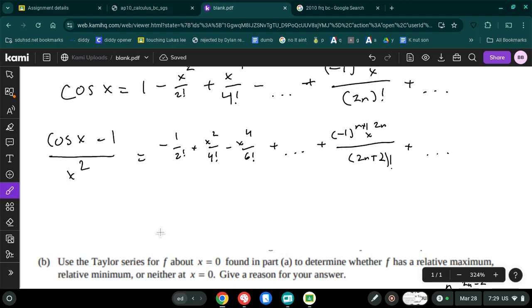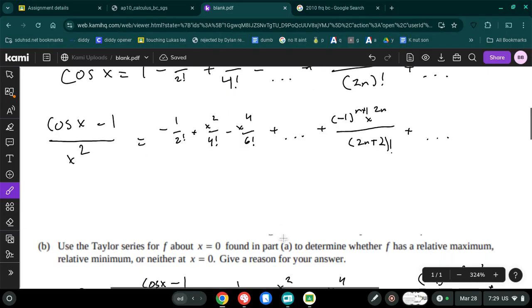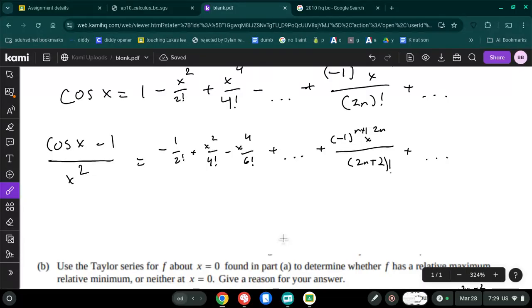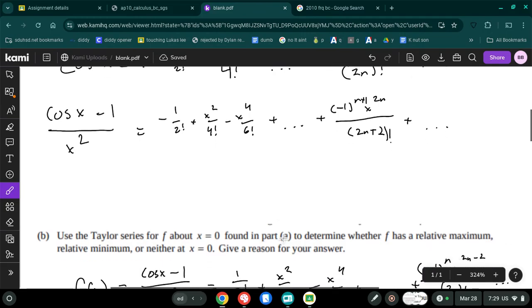If we remember, the Taylor series is f of 0 over 0 factorial plus f prime of 0 over 1 factorial times (x minus c), and I'm just writing out what it would look like without any numbers, with x in the center. Then f double prime of 0 over 2 factorial, all multiplied by (x minus c) to the power of 2. So we're looking for x to the power of 2.